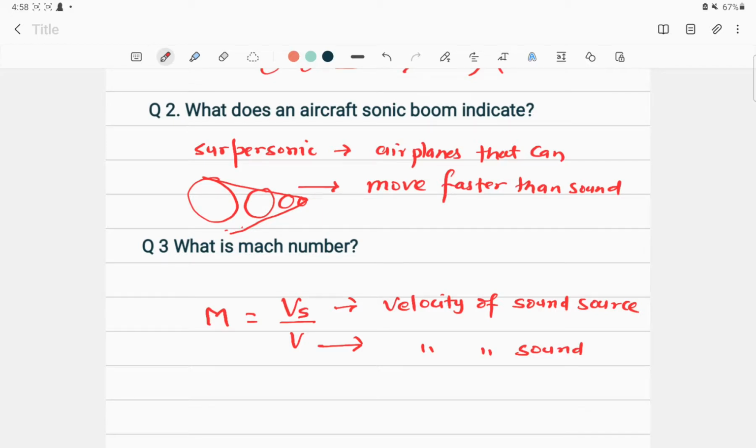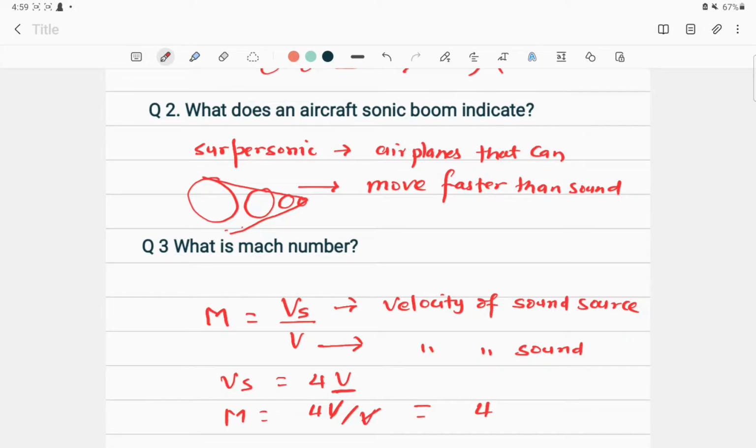That is the sound produced by aircrafts. For example, if Vs is 4 times V, that is velocity of sound source is 4 times the velocity of the sound wave, then Mach number will be 4V divided by V, cancelled here, and Mach number is 4. So Mach number 4 means that the source of sound is moving 4 times faster than the speed of the sound.